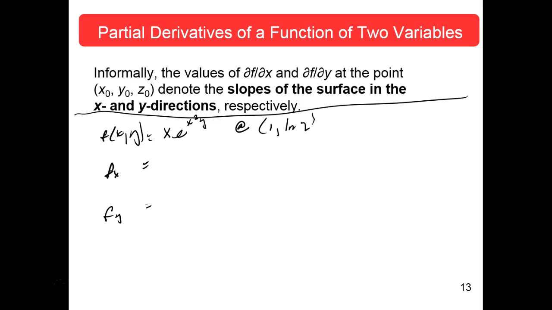All right, so let's find f sub x. How do we do this? What rule is required here? Take the partial with respect to x. Anybody?